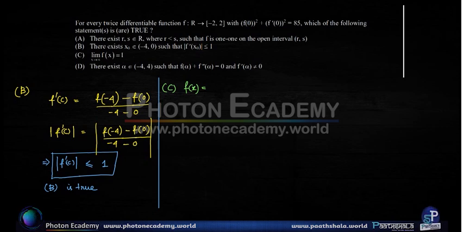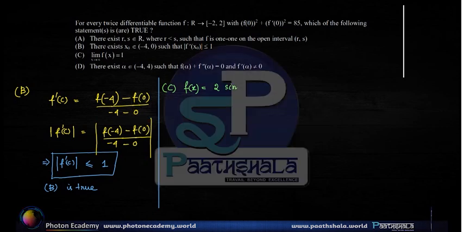We get f of x as 2 sine of root 85 x by 2.